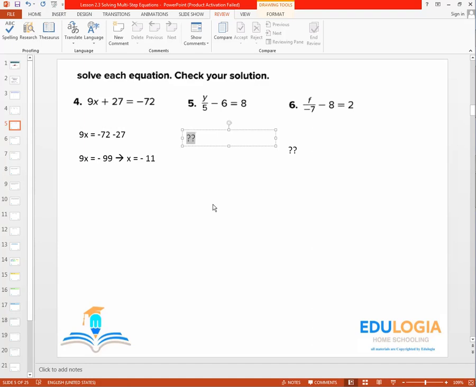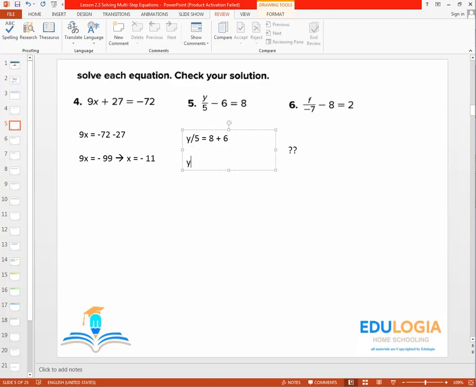Number 5: y over 5 minus 6 equals 8. Now, y over 5 equals 8 on the right-hand side plus 6, because it's a negative 6, transferring to the right, it will be positive.